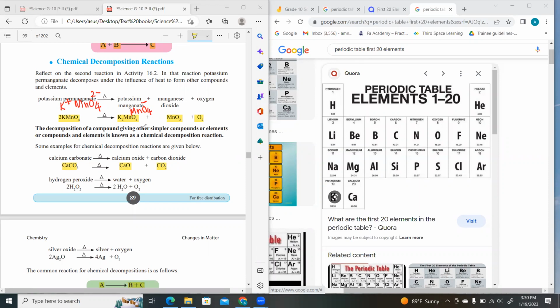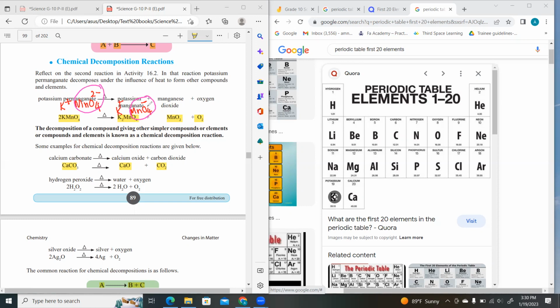If you are not sure about polyatomic ions, better go back and note down the table first, right? So what potassium permanganate does is, here the permanganate will become manganate.